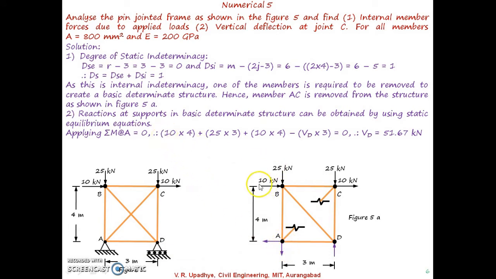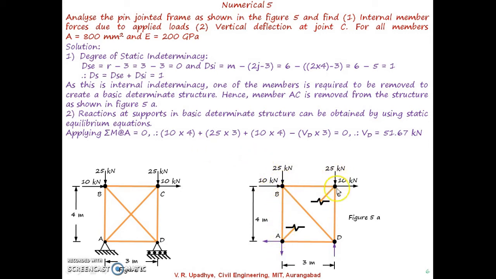For the 10 kilonewton horizontal force acting at joint B, the moment of that will be 10 into 4 about support A. And the 25 kilonewton force, which is vertically downward at B, passes through joint A itself, so the moment of that about A will be 0. So it is not written over here.